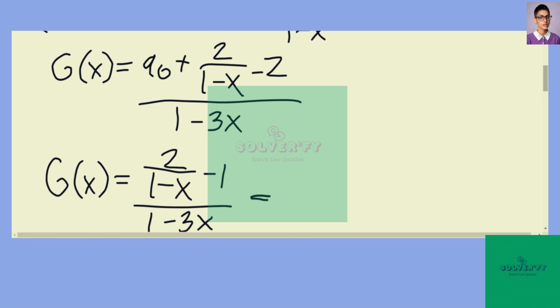This is going to be equal to 2 minus 1 minus x, 2 minus 1 is 1, and then minus x is 1 plus x over 1 minus x. Maybe the simplest way is simply to multiply top and bottom by 1 minus x. And so we obtain (1 plus x) over (1 minus 3x) times (1 minus x).